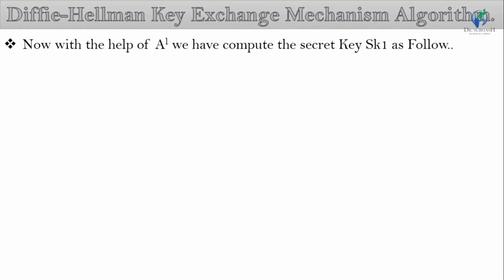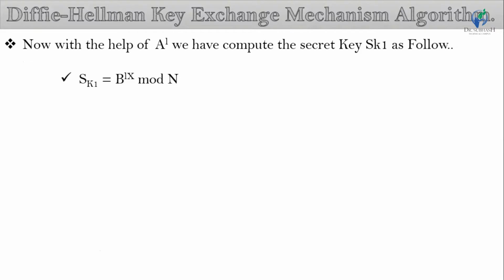With the help of A dash, we have computed the secret key SK1 with the following equation. SK1 is equal to B dash raised to x mod n.